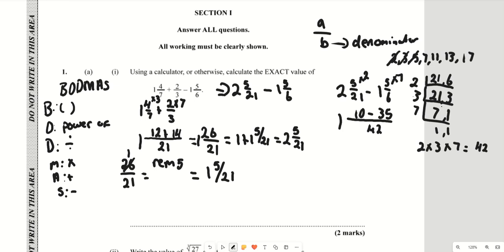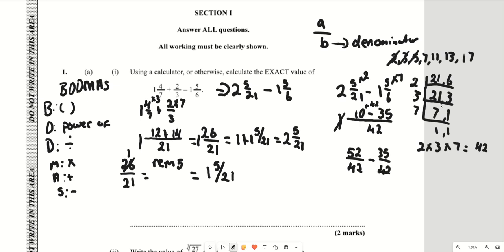So what I would have to do is borrow 1 from this whole. Now, you cannot just say add 1, right? You are adding a whole number to a fraction. So what you do is you look at the denominator so that it will tell you how many parts you're going to be adding. What is the denominator? 42. So it is going to be plus 42. So now when you add 1 whole to 10 over 42 as a fraction, it will be 52 over 42 minus 35 over 42.